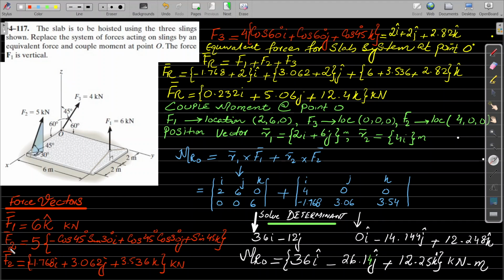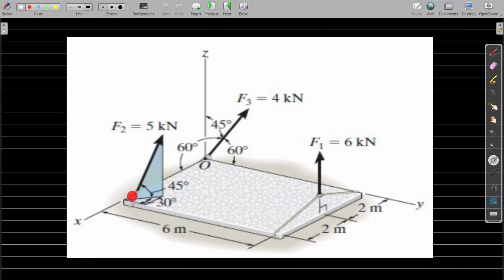Now we go to F2. If you look at the F2 force, it is 5 kilonewton. To understand this force, we can go here. This force will be making one component which is parallel to the z-axis, and this component will be 5 sine 45, because the sense of this vector is parallel to the z-axis. This will be the z component.